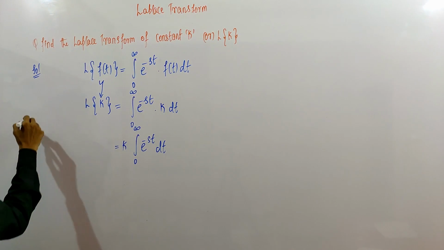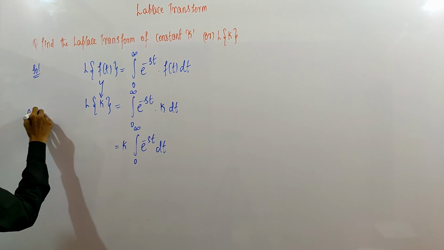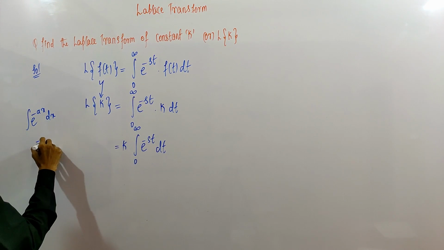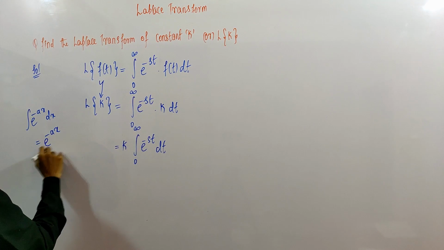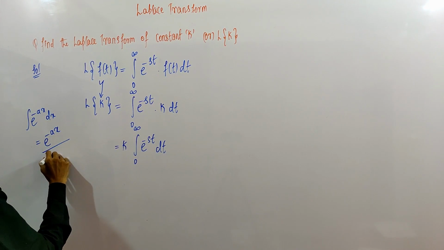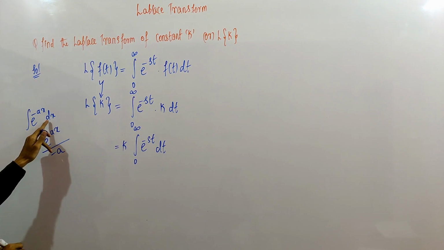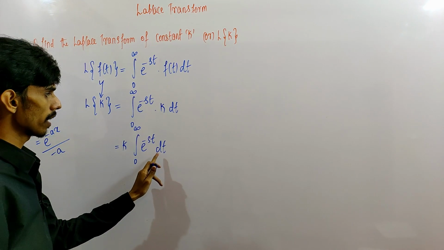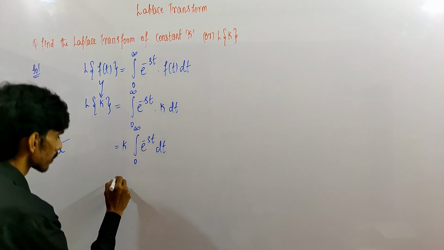We know that integration e power of minus ax dx value is the same exponential function e power of minus ax upon coefficient of x. We have coefficient of x is minus a when we are integrating with respect to dx. Here we are integrating with respect to t.